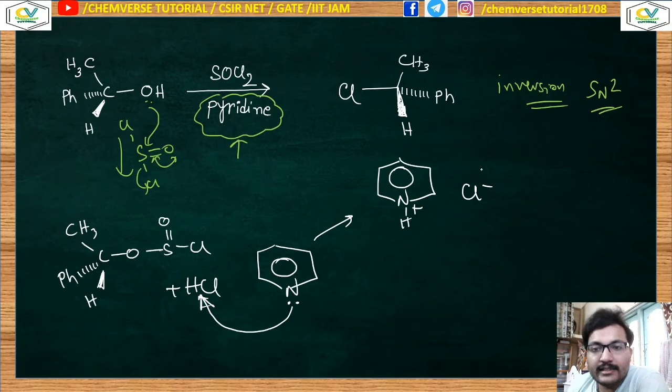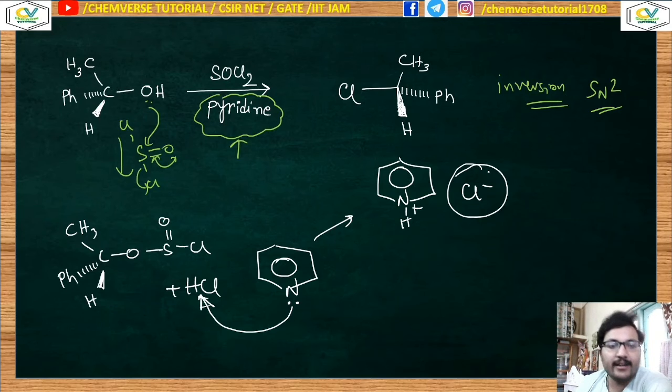Now we can see that Cl minus is generated in the system, and as you increase the concentration of Cl minus in the medium, there is a competitive mechanism you can draw, in which this Cl minus will attack from the back side, because this is a very good leaving group.